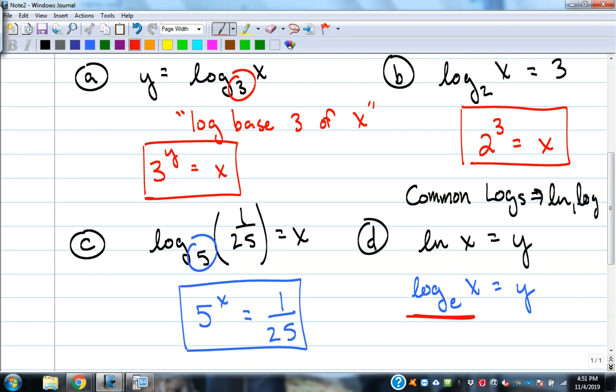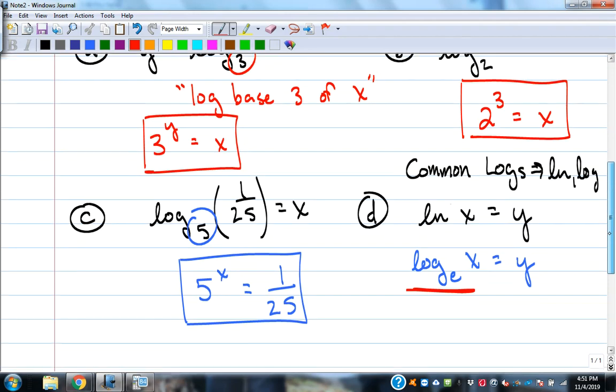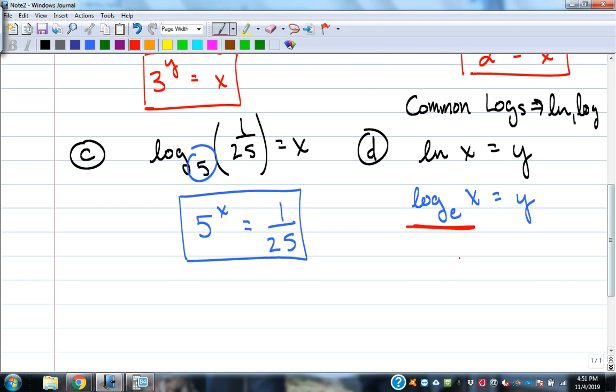If we rewrite that as an exponential, the base would be e, the exponent would be y, and it's equal to x. So natural log is log base e, and everything else works the same way as far as rewriting it as an exponential. Those are the same things.